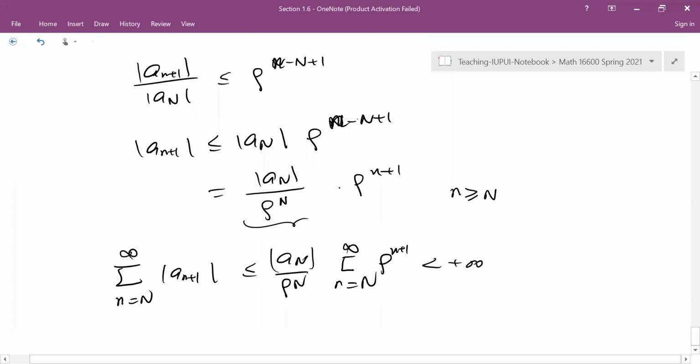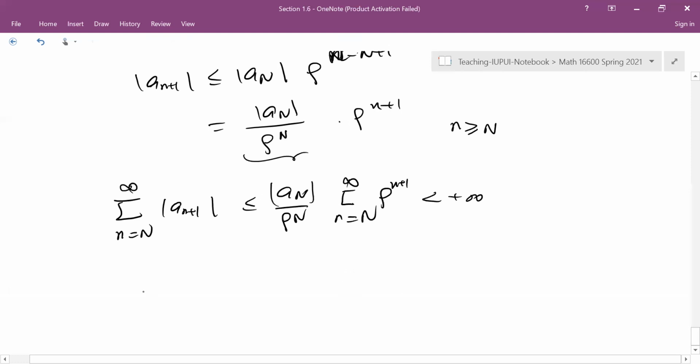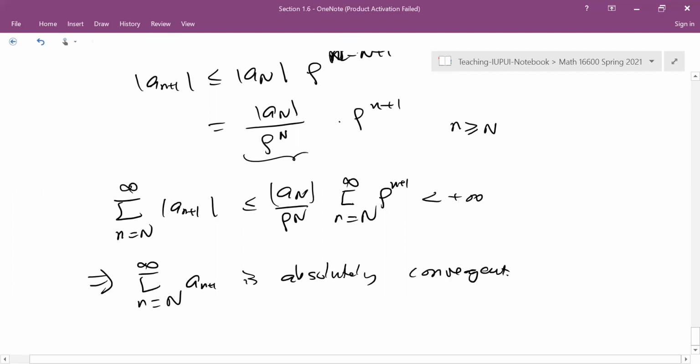So that means the series is absolutely convergent. So that implies this series is absolutely convergent. We compare with the geometric series.